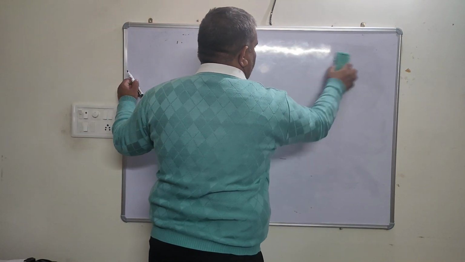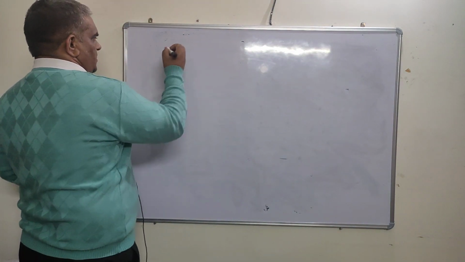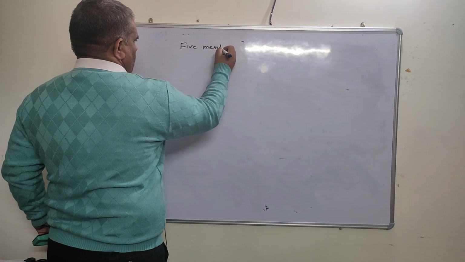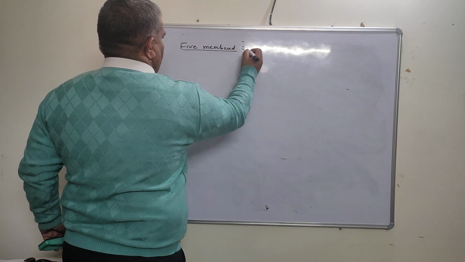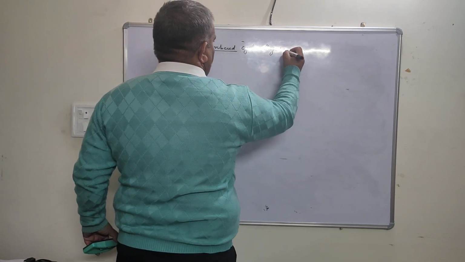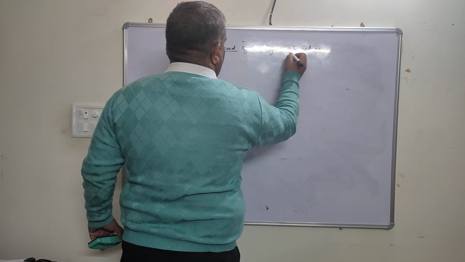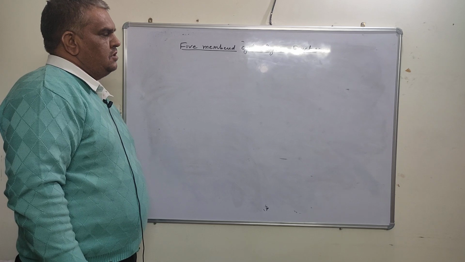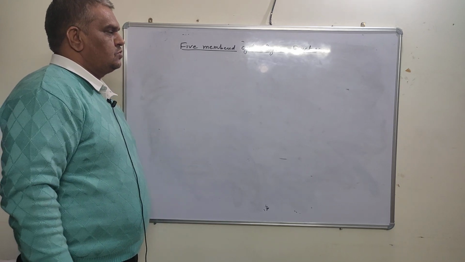Five membered ring in fructose, 5 membered cyclic ring in fructose। Fructose exists in 6 membered form in the free state, or in combined state like fructosides, disaccharides, the sucrose.